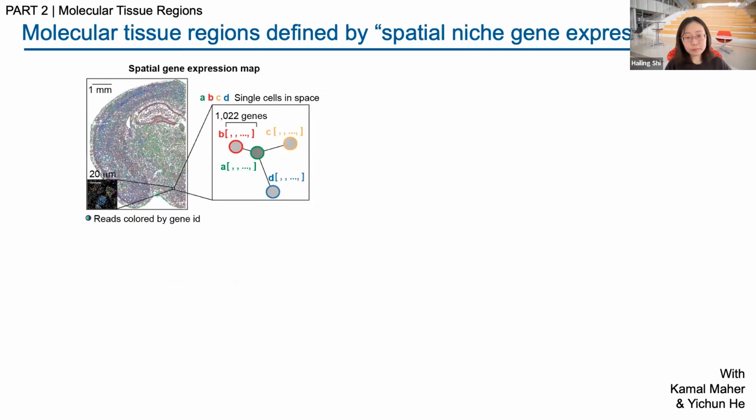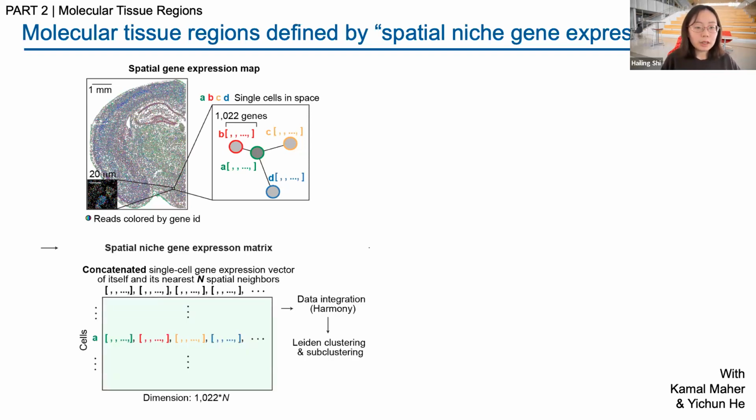Okay, the second part of analysis is about these molecularly defined tissue regions. So we build molecularly defined tissue region maps directly from a term we call spatial niche gene expression.